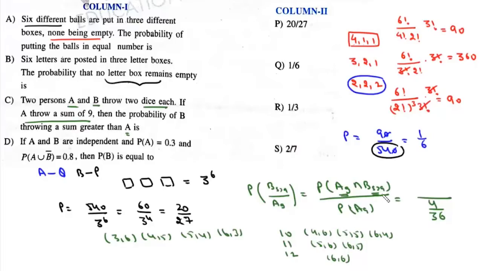Now A9 intersection B greater than 9: both these events are independent events, so there is no correlation between A getting 9 and B getting a sum greater than 9. So it will simply be probability of A9, which is 4 by 36, into probability of B getting a sum greater than 9, which is 6 by 36. So this required probability will be simply 1 by 6. So that means this C matches with Q.